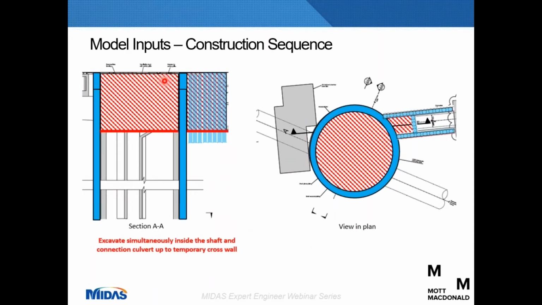Next stage is to excavate within the shaft and this first part of the CSO down to the CSO formation level. At this stage, during that excavation, temporary propping would be installed as required in this area.